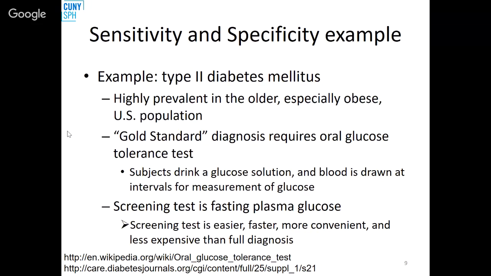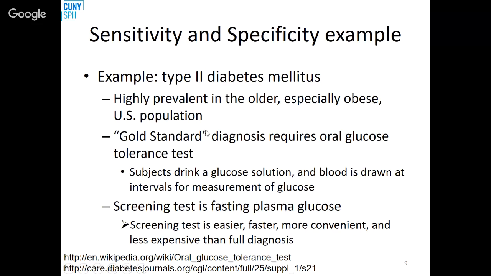But just to describe a little bit more this sensitivity and specificity, here's another example in another article that I found, so you can read. I've posted this also on Blackboard to maybe improve your intuition about sensitivity and specificity.